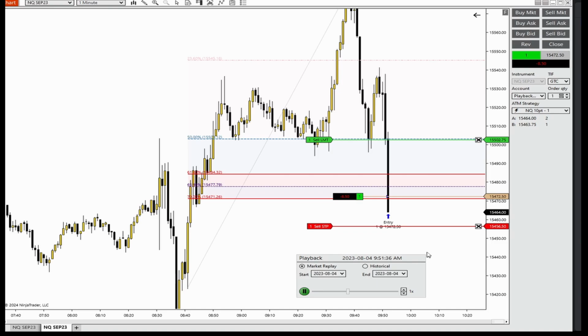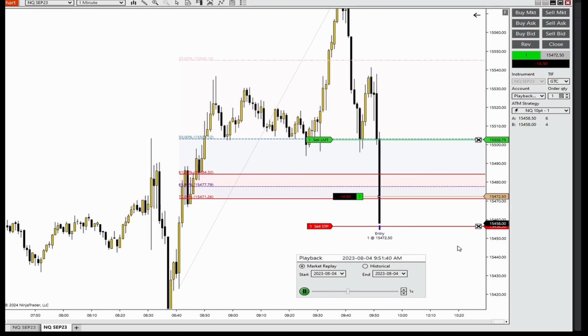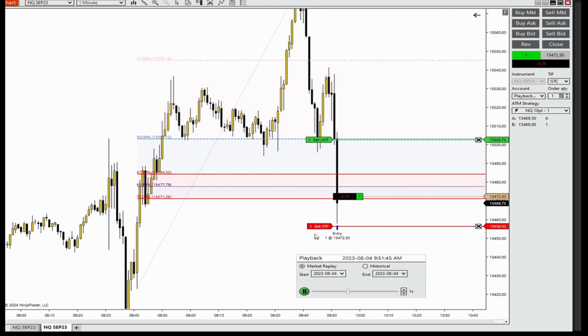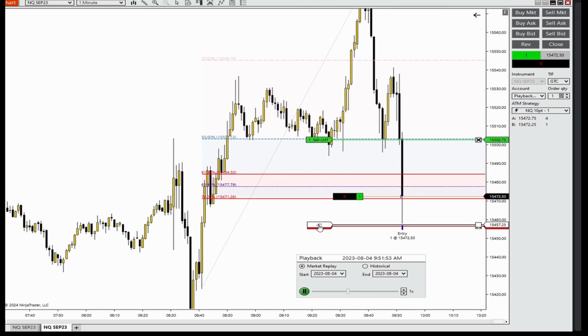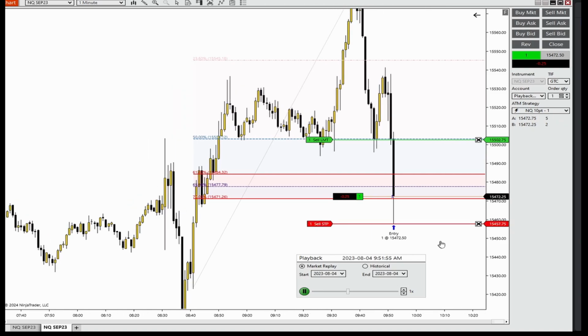Right? Personally, I need to see something a little bit more conclusive than this. This might even take out our 15 points. Right? And then you start to see buying come in. Like, if this trades back in and respects this area, then we immediately move our stop up.